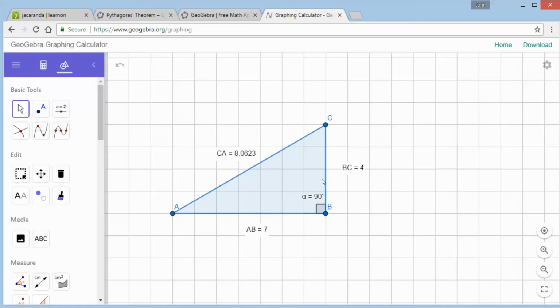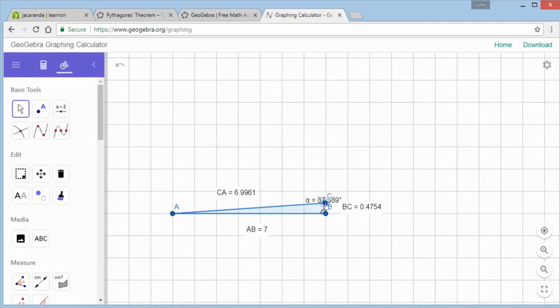You can see CA is about 8, BC is 4, and AB is 7, and that makes sense: when you form a right angle, the line that joins A to C must be longer than the other two sides. As we make a smaller and smaller right angle triangle, you'll see CA getting closer and closer to 7. So eventually CA can only ever equal 7.